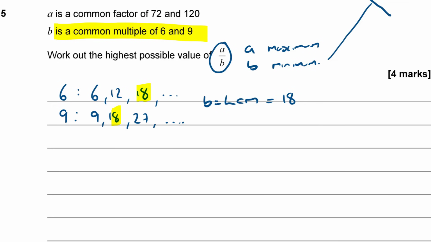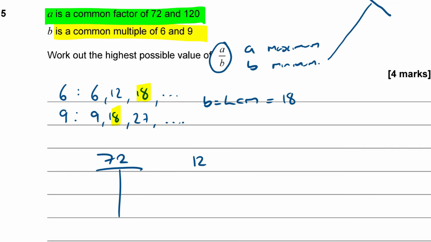What about A then? We've got A is a common factor of 72 and 120. So let's list out the factors of 72 and 120. I tend to write them down in factor pairs. So 1 goes with 72. 2 goes with, well, half of 72 is 36. I think 3 must go into it as well.